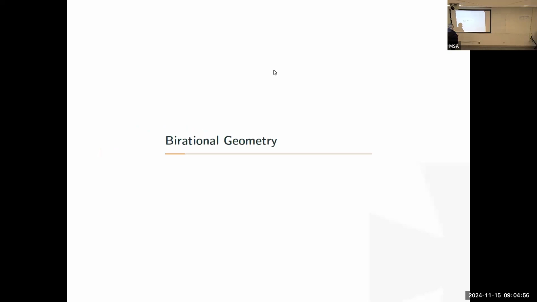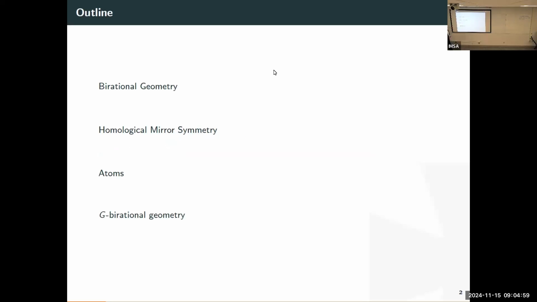The program for today is to briefly remind you about some classical questions in birational geometry, then take the part of homological mirror symmetry that I'll need, and then of course tell you how to avoid anything to do with mirror symmetry, and just use the shadow of mirror symmetry as a guiding line.